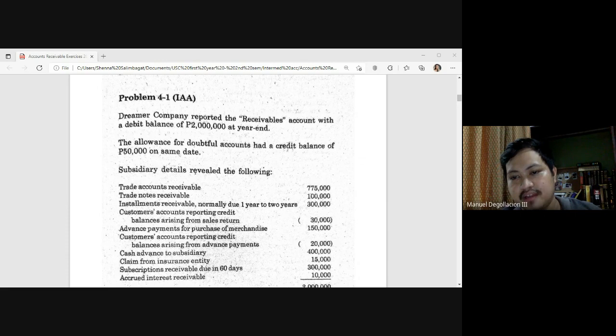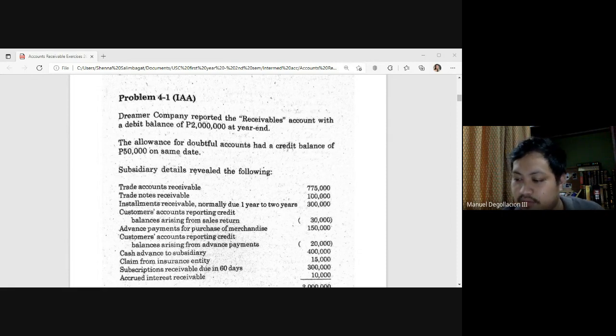And after that entry, the balance of your customer's account would be zero. When then will the balance of your customer's account be negative or have a credit balance? It will normally happen, class, if there will be an overpayment.